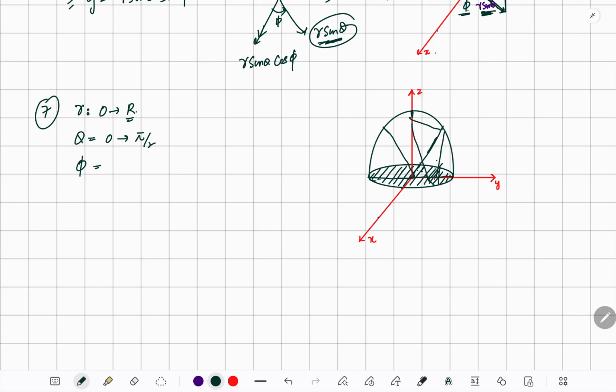Okay, you have to rotate it, so 0 to 2 pi. Just imagine it, because to cover the hemisphere through angle theta, you have to go from 0 to pi by 2. But in terms of phi, you have to rotate through the whole circle like this. Then you will be able to cover the whole hemisphere.